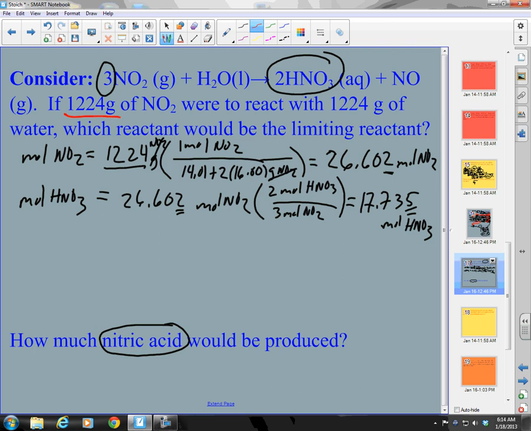Now, what would happen if I were to react 1,224 grams of water? Well, moles of water, 1 mole of water per, let's see, 2 times 1.008 plus 16.00 grams of water.